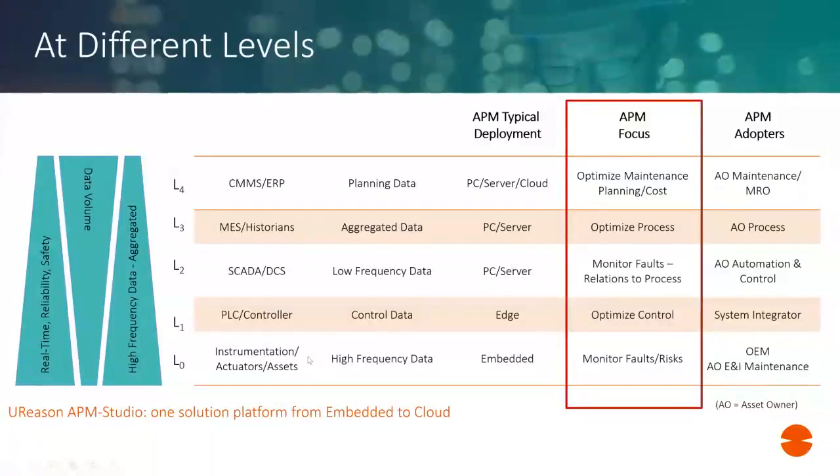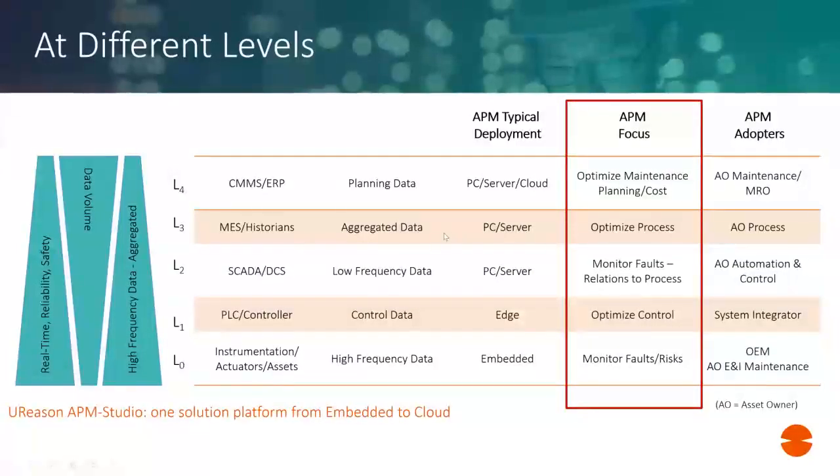Typically on an asset, the amount of I/O available is a lot lower, and the frequency of the data is a lot higher. But we can run machine learning models embedded with APM in Linux environments, in contained Dockers, and in very different other deployment methods. This is typically done by the OEMs, and it's an asset in isolation as such.